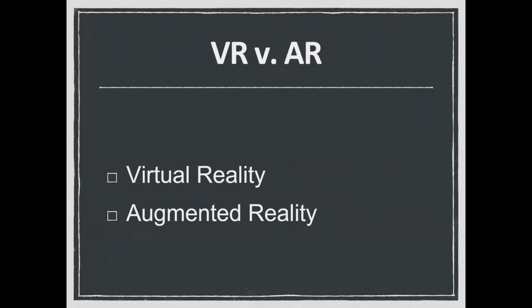Virtual reality is where I am completely fabricating, making up, creating what I'm seeing around me, right? When you put on an Oculus headset, you're not seeing the room around you. You're only seeing the computer program, this fictional, made-up reality.